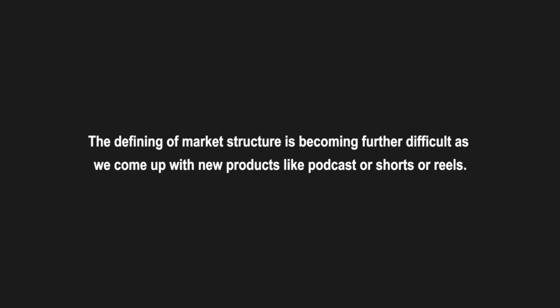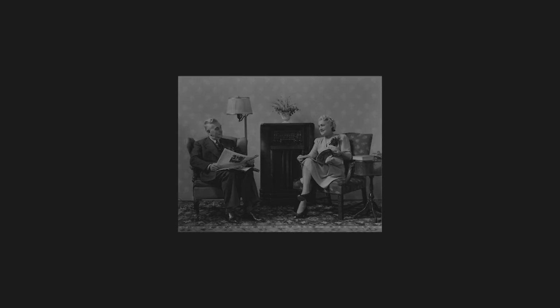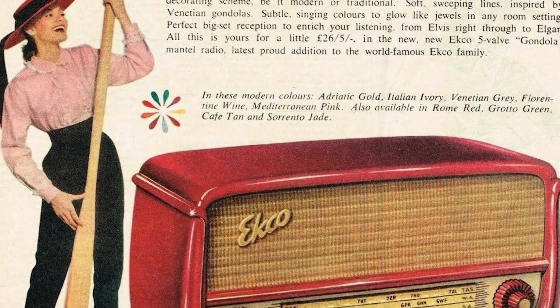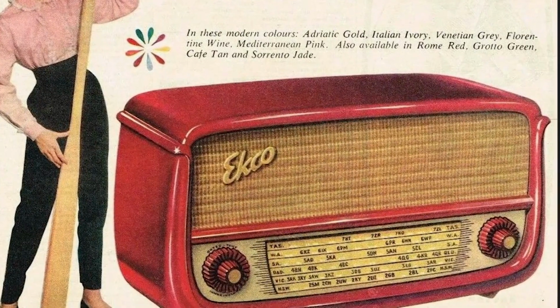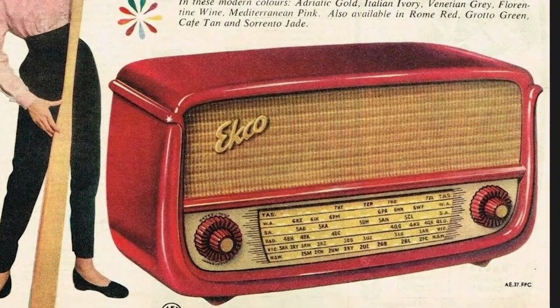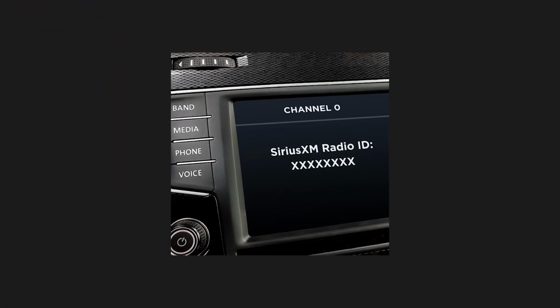The defining of market structure is becoming further difficult as we come up with new products like podcasts, shorts, reels, etc. For example, the market for radio cannot be considered simply as a market for broadcast radio, but it will also encompass community radio, high definition satellite radio, internet radio, podcasts, everything.